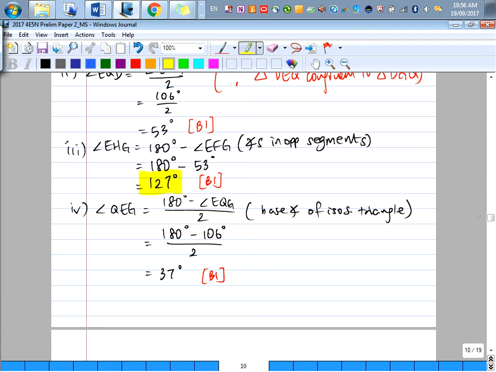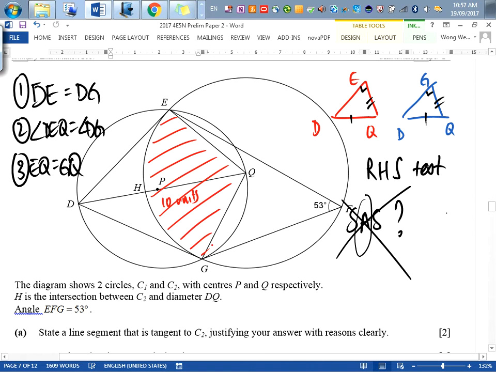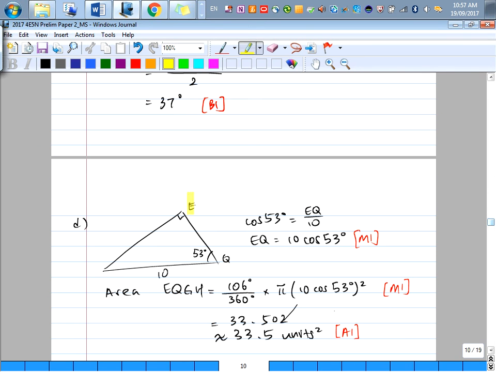Final part D. Given that DQ is 10 units, DQ over here 10 units, find the area of sector EQGH. So to find the shaded area, I need to know this angle. Because area is half r squared theta. Then we can draw a triangle. So draw this triangle.